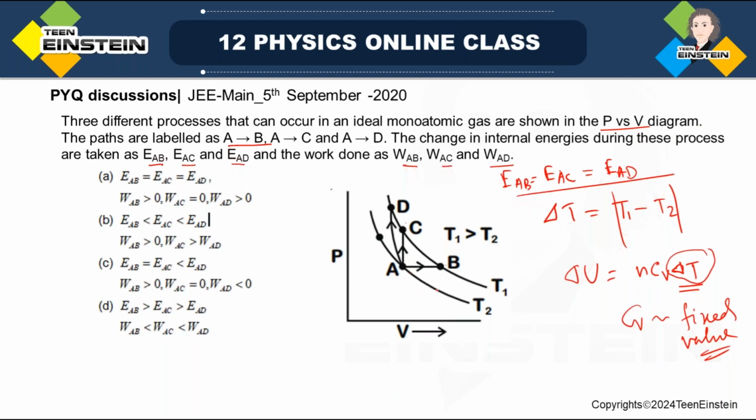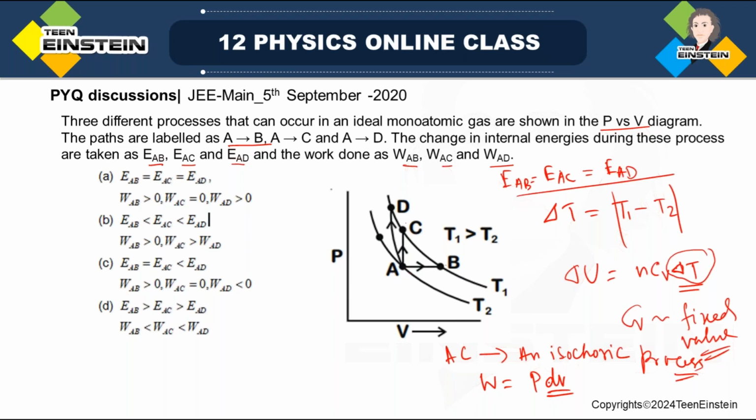Now, when we talk about work done, we have to understand what these processes are. Look at this AC process. AC is actually an isochoric process. In an isochoric process, volume remains constant. So we know work done will be P ΔV, that is P dV, the change in volume and pressure.